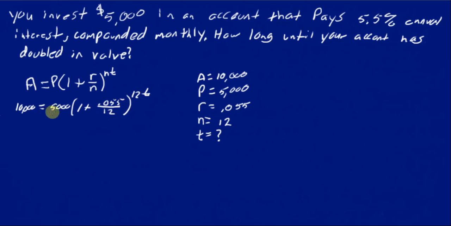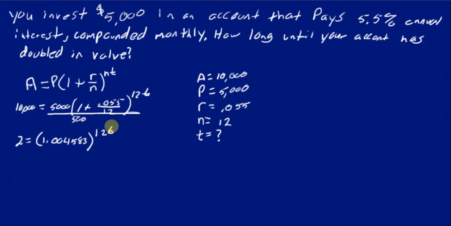I'm going to divide both sides by the 5,000 to give me 2 is equal to, and now on the inside I'm going to take 0.055 divided by 12 and add 1 to it. Hopefully your calculator is as good as mine. And I'm going to get 1.00458, I'll stop there, raised to the 12t.